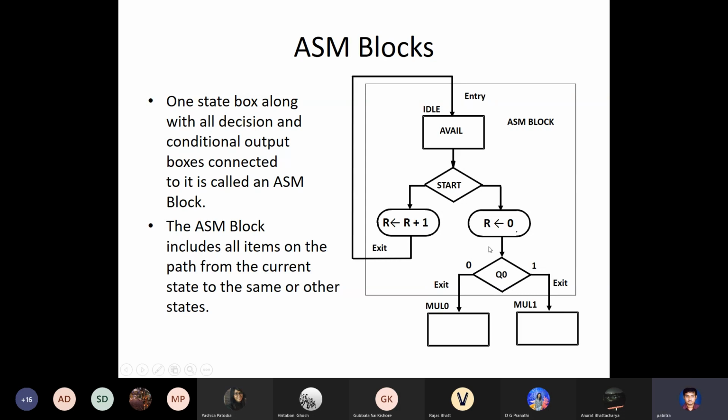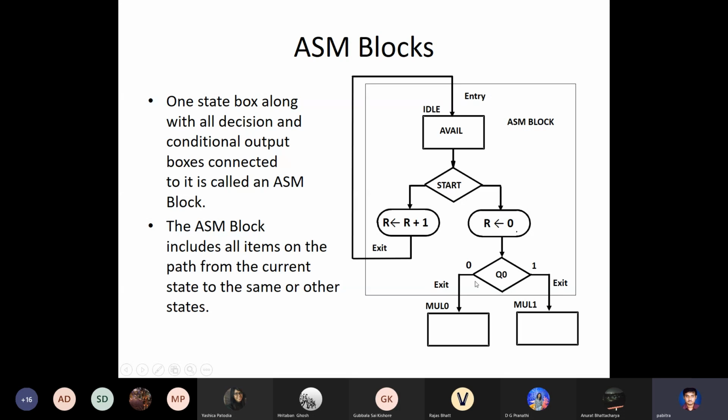Now, the output of this ASM block should go into another ASM block. And you can get an entry to an ASM block only through a state box. You cannot directly go to a decision box or a conditional output box. The incoming path to an ASM block should always terminate in a state box.